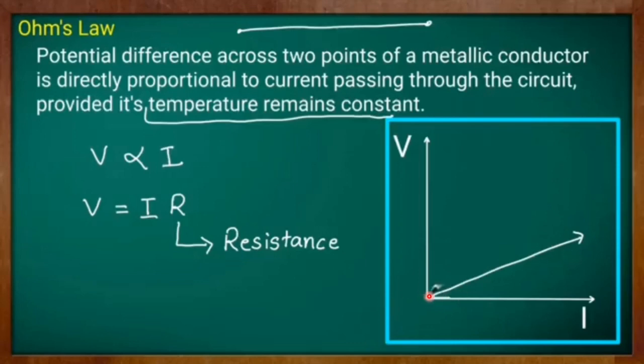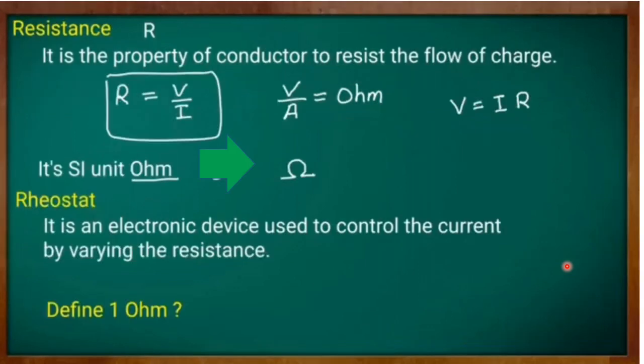It might be slightly above or slightly below this straight line. Remember, Ohm's law, when potential difference is plotted against the current, will always give a straight line. Understood, children?